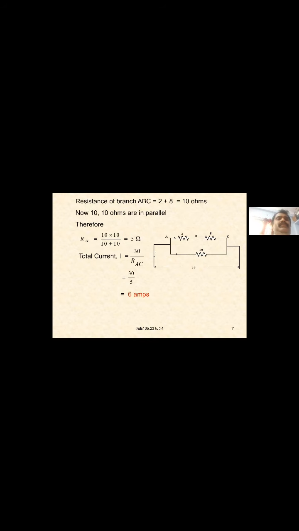Current divides equally, that is, current through the 10 ohm resistor is 3 amps, and current through the 8 ohm resistor is 3 amps. Current through the 3 ohm resistor is 3 into 6 by 6 plus 6, where this is nothing but resistance R1.